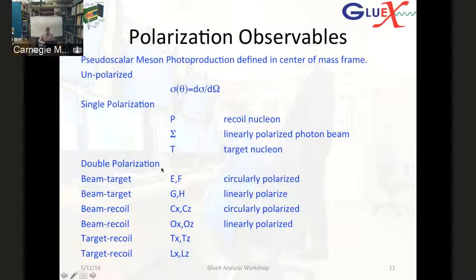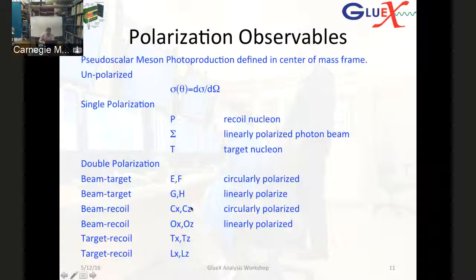And then there's a number of doubles, so if you've got 2 polarizations. So if you have a polarized beam and a polarized target, there are a couple that you can do with circularly polarized depending on the polarization of the target direction. There's also a couple for linear polarization. And then there are beam recoil. This is a transfer of polarization from the beam to the recoil nucleon.